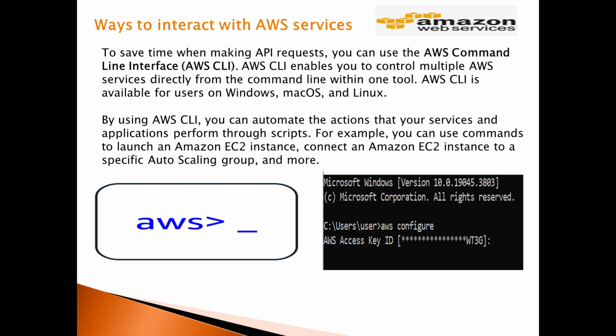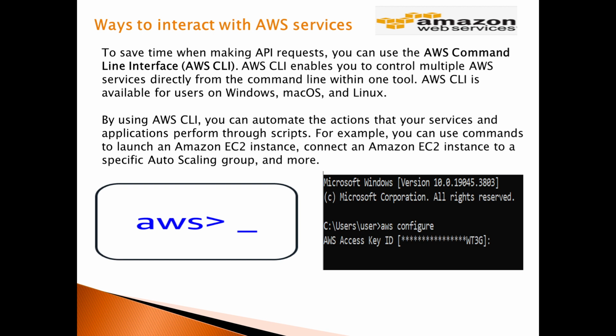By using that we can access the resources on the AWS cloud. If you are using the AWS Command Line Interface, that CLI enables you to control multiple AWS services directly from the command line within one tool.